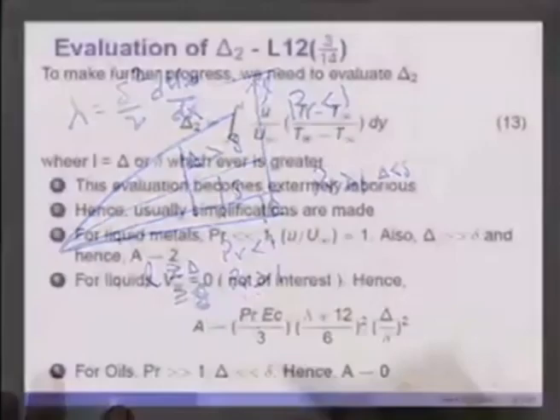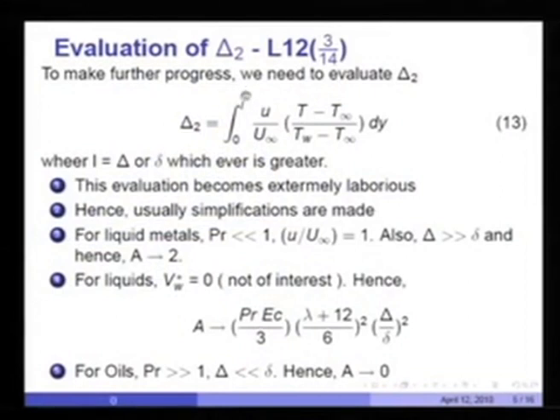Now, you can imagine, because the two profiles are highly complex, the evaluation of this quantity delta 2 becomes extremely laborious, and hence usually simplifications are made.